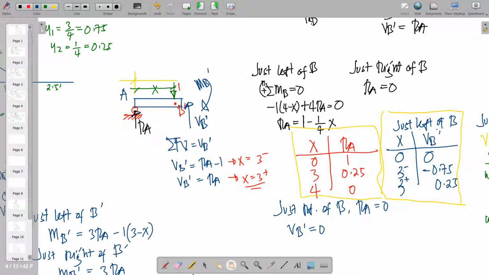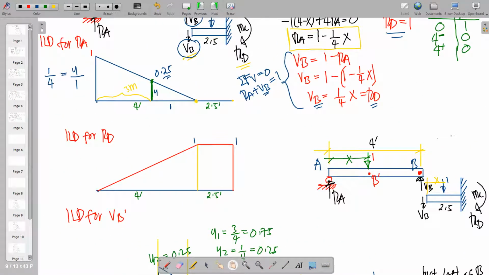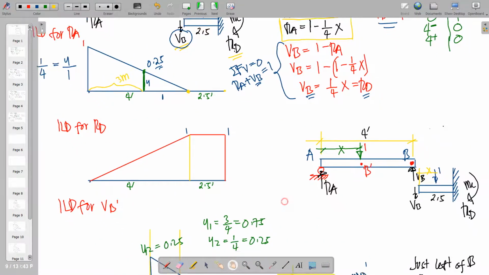So as we can see now, we have this value, and at X equal to 3, RA is 0.25. And at X equal to 4, your RA is equal to 0.